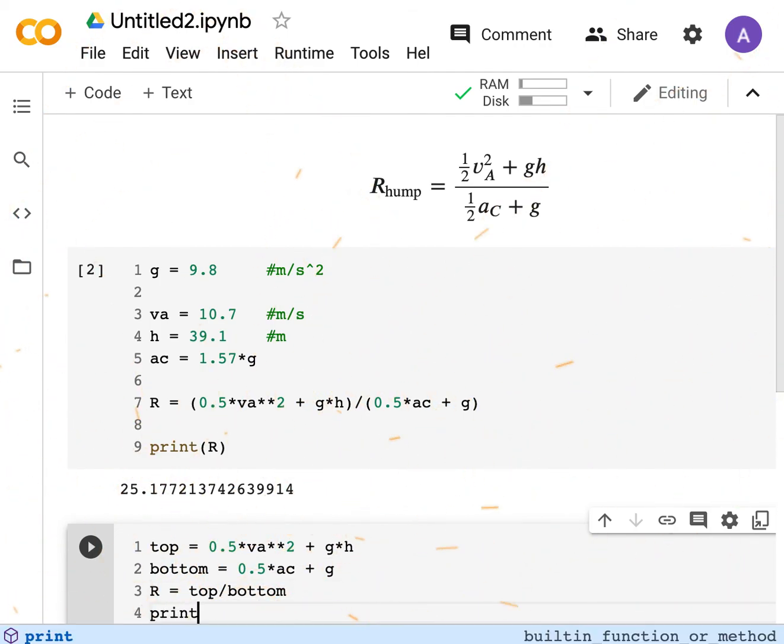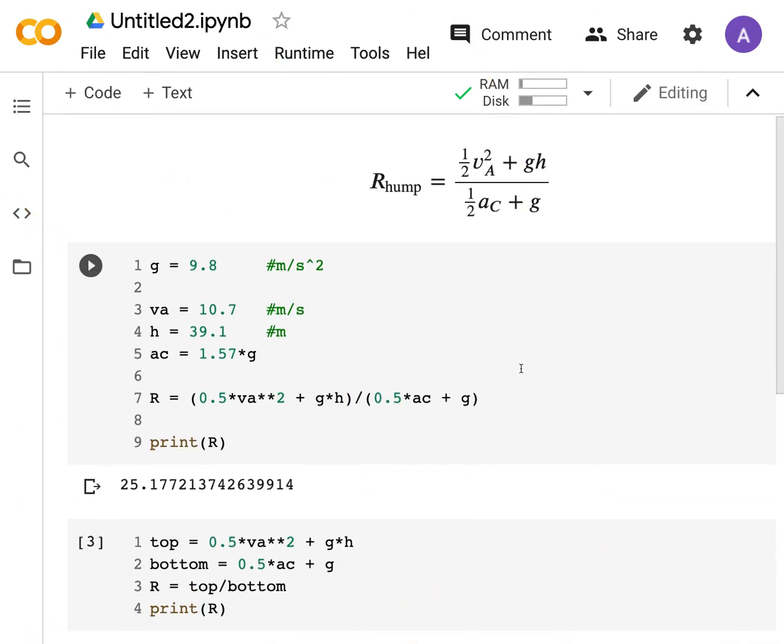And then let's print R again. We should get the same thing. And we did.